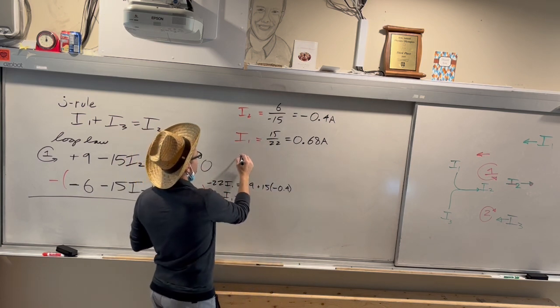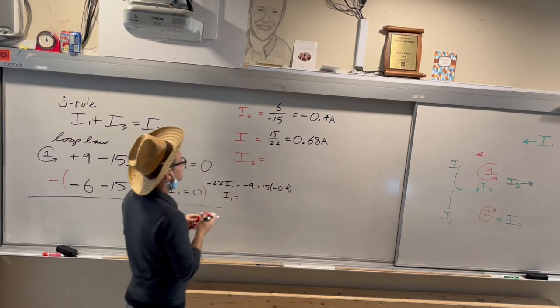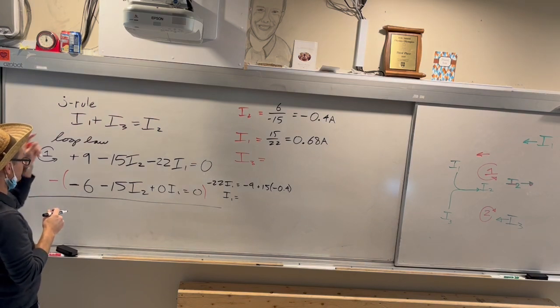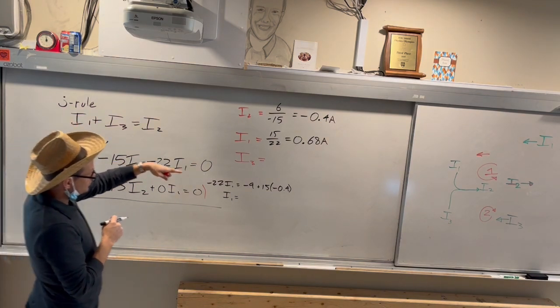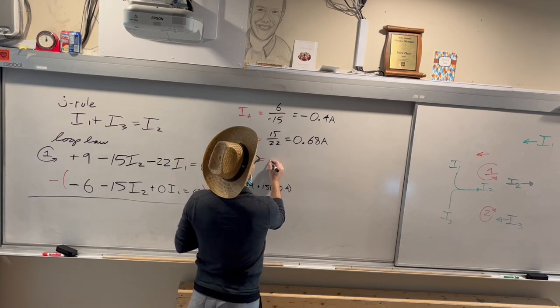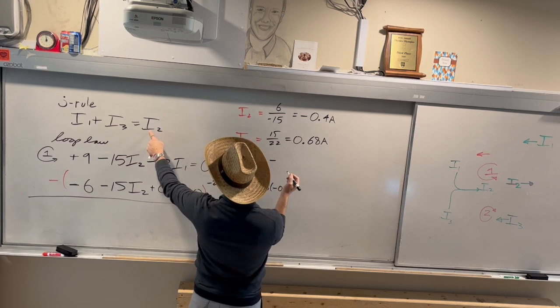And so then what is I3? If you add those together, oh no, you're going to have to subtract. It's negative. It's I2 minus I1.